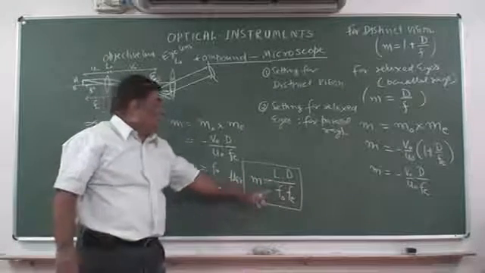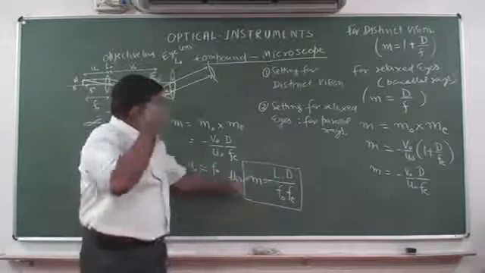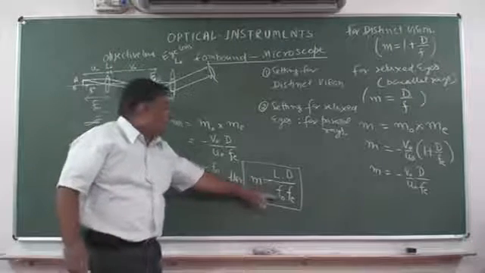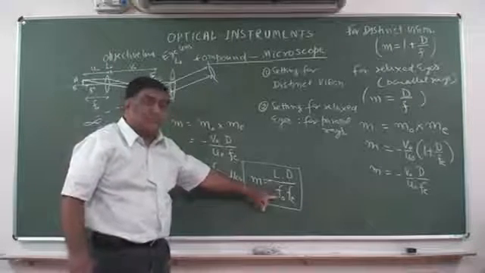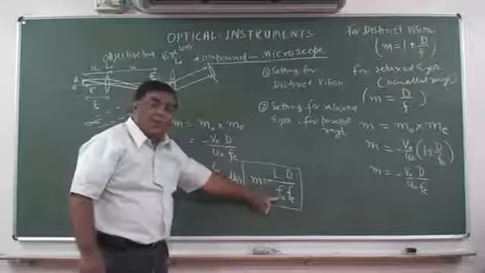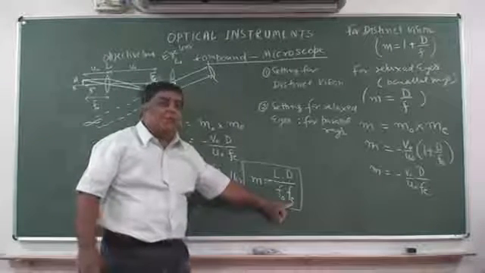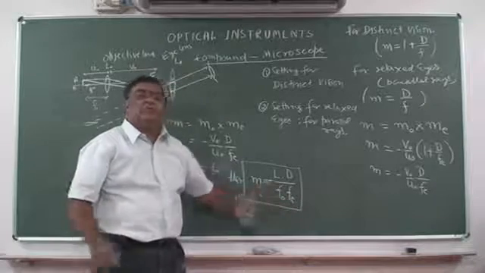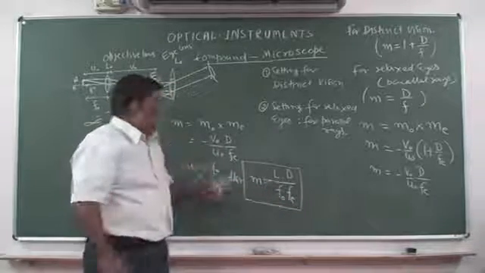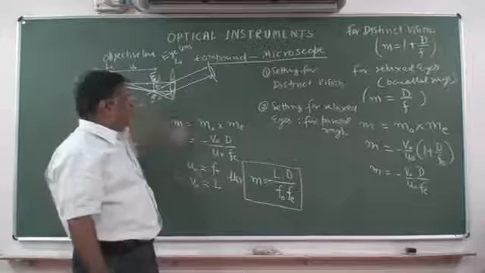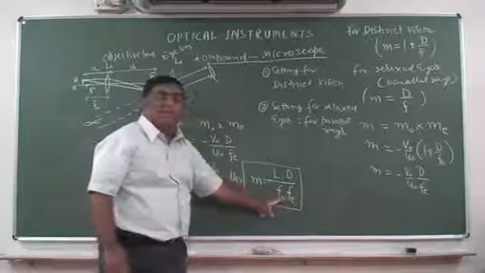Anyway, why do we make it? So that we can study the effect of FO. If we want large magnification, how much should be the FO? Yes, it should be as small as possible. How should be FE? FE should also be as small as possible. So that is what in the beginning we said, that the two lenses we take should have small focal length.